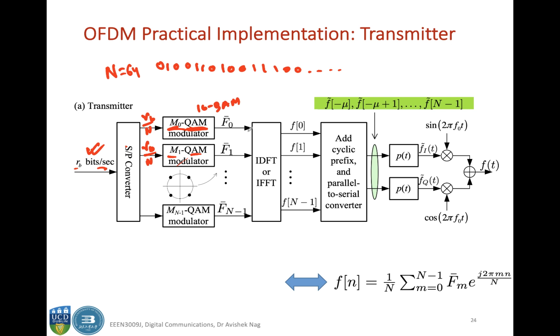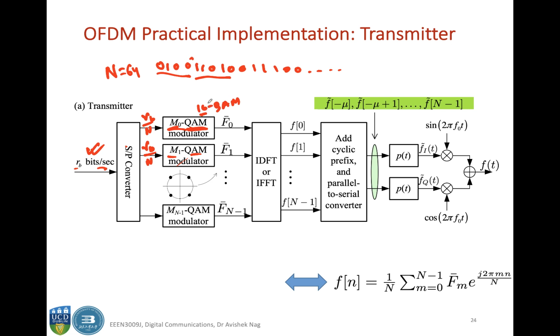This can be different. If it is a 16 QAM, then you have to pick 4 bits together, because in a 16 QAM each symbol represents 4 bits. So you have to divide the original stream into 64 tributaries, and each of those should have at least 4 bits.